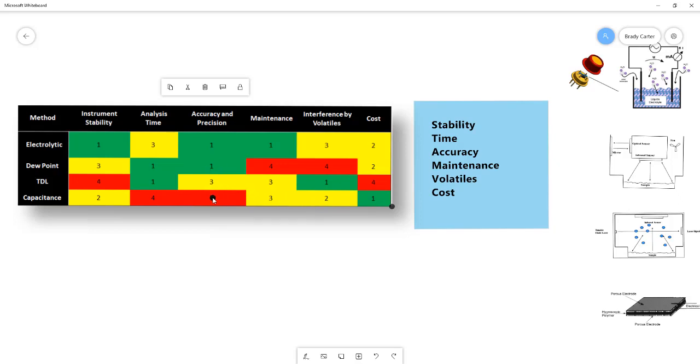But where it really falls down is in its analysis time, which is because of its need to come to equilibrium, and its accuracy and precision because of that tendency to be impacted by wetting and drying events that can affect its stability. So as you can see, each of these methods has its own positives and its own negatives associated with the measurement.